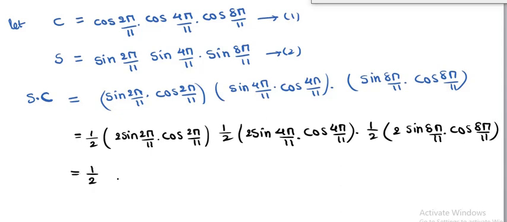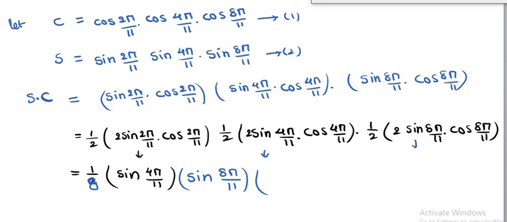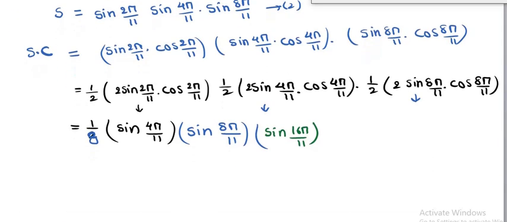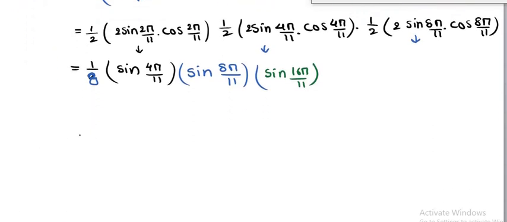So 2 sin A cos A is sin 2A: 2 into 2 pi by 11 is 4 pi by 11. 1 by 2 into 1 by 2 into 1 by 2 gives 1 by 8. Same, sin 2A, 2 into 4 is 8 pi by 11. Next, same, 2 into 8 is 16 pi by 11.